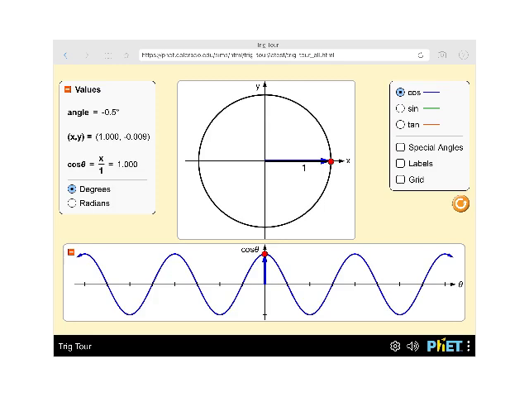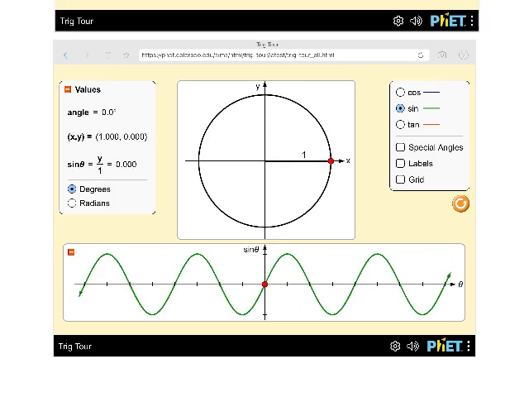Okay, so let's have a look at the sine now. Again, if I label it, it goes from 1 to minus 1, just like the unit circle. The sine of 0 is 0. Then we have 90 degrees, the sine of 90 is 1. The sine of 180 is 0.